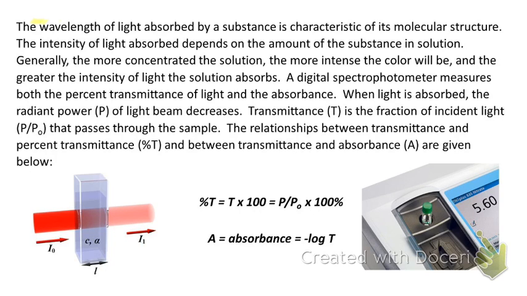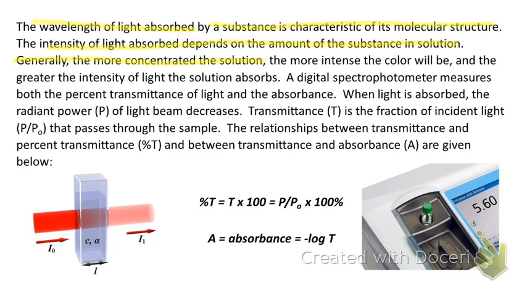So the wavelength of light absorbed by a substance is characteristic of its molecular structure. The intensity of light absorbed depends on the amount of substance in the solution. So in other words, we're generally looking at the concentration of the solution. In general, the more concentrated a solution is, the more light that is going to be absorbed.